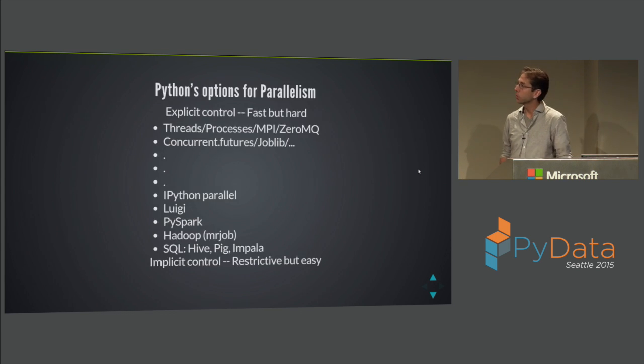So in particular, when making Dask Array, I needed some mechanism to write down my parallel operations. This is actually just a nice slide, totally outside of Dask. Here's a bunch of choices that you have. There are many others I've omitted. At the top, we have very explicit, I am in control, I want to specify exactly what happens where. Libraries. This is very good for high performance. Let me control exactly what I want to do. At the bottom, we have things where I don't want to handle control, I want you to handle it for me.